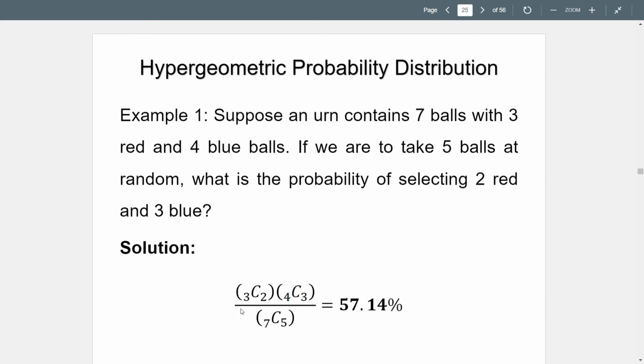The denominator will be the total number of balls and the total number of balls taken, so 7C5. The probability of selecting 2 red balls and 3 blue balls is 57.14%.